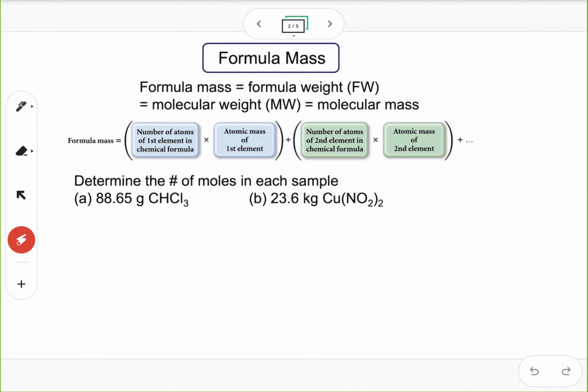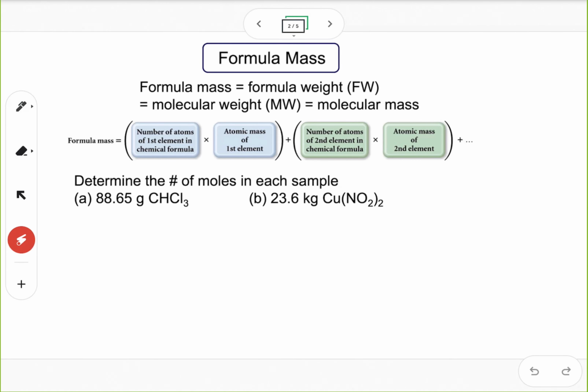Anyway, how do we calculate the formula mass based on the formulas of compounds? Here is the equation for us to use. Number of the atoms of the first element in the chemical formula times the atomic mass of the first element, plus the number of atoms of the second element times the atomic mass of the second element, and so on. If you have a third element, then you do the same thing.